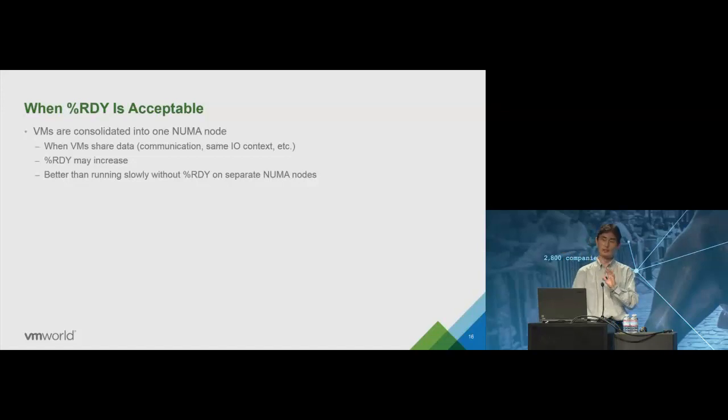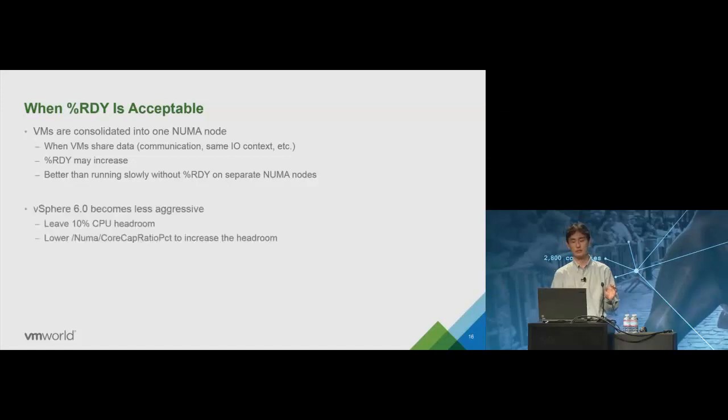But in some cases we see the current or previous policy is too aggressive. So in 6.0, we added a small change to make the policy less aggressive. The idea is, if we consolidate VMs, make sure we leave at least 10% CPU headroom so that it won't cause ready time.